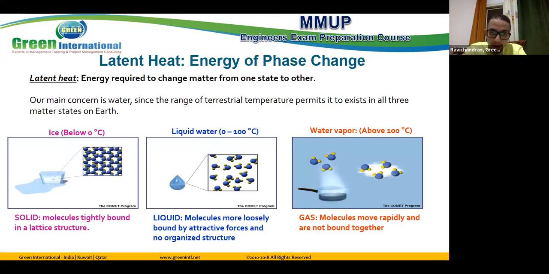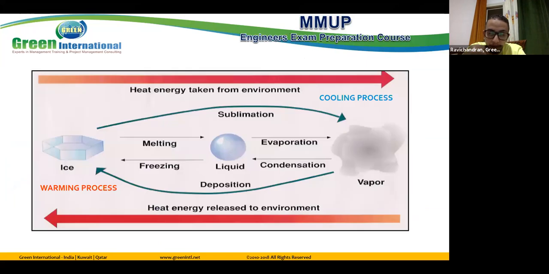Just some examples of what we discussed. Here, heat energy is taken from the environment and heat energy is released to the environment for liquid water.